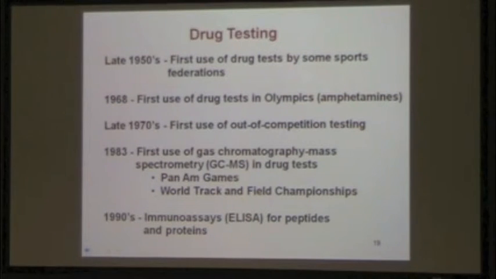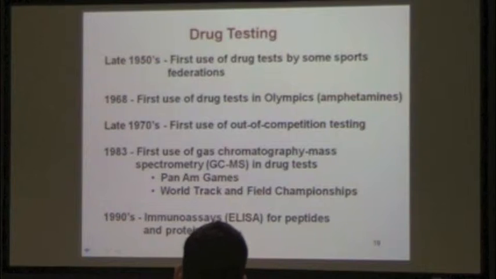Well, once chemical methods became available around that time, some of the sports federations began using drug testing to see if athletes were using agents. The Olympics started using the testing for amphetamines at the Mexico City Games in '68. Then the use of out-of-competition testing began to take hold more than 30 years ago.